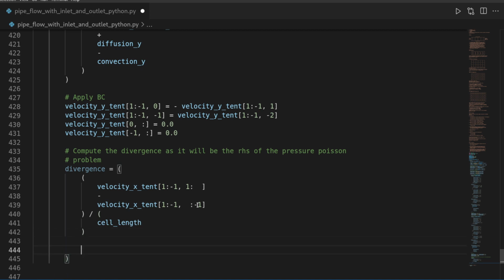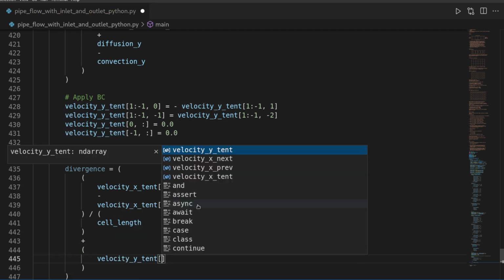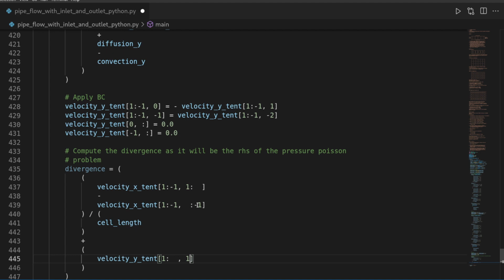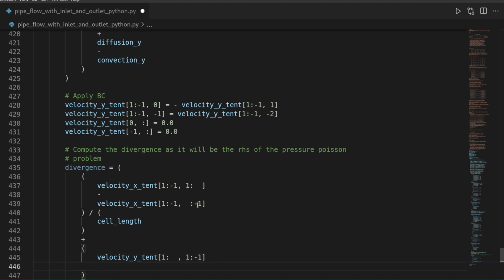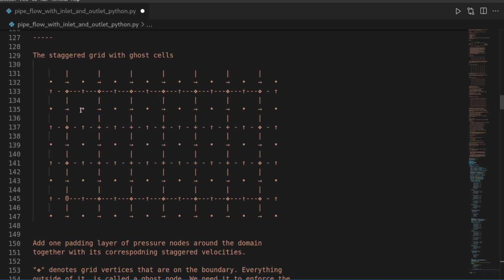And a similar thing can be done with our velocity in y direction by saying the derivative is given as velocity y tentative, accessed at 1 all the way to the end in y direction and interior in x. And let me also show you that that's correct. So here we want to compute it, for instance, at that point.